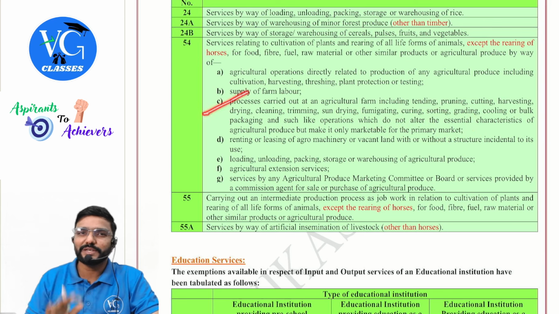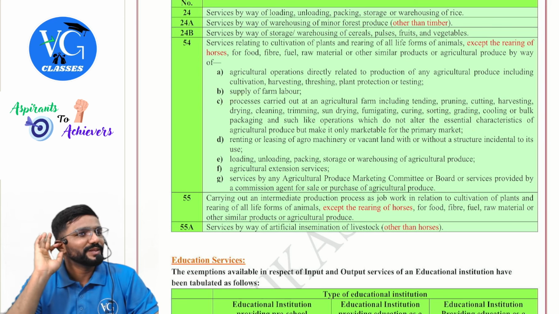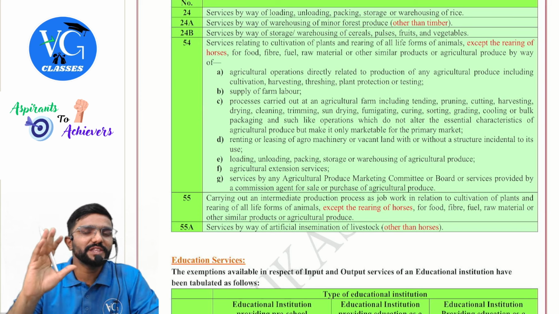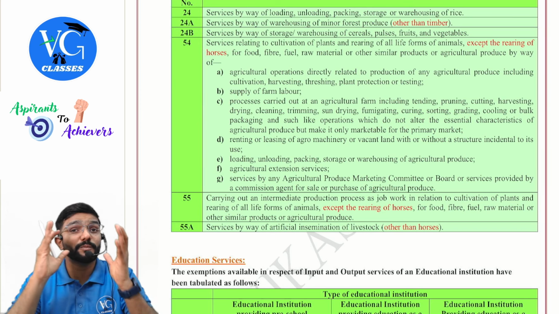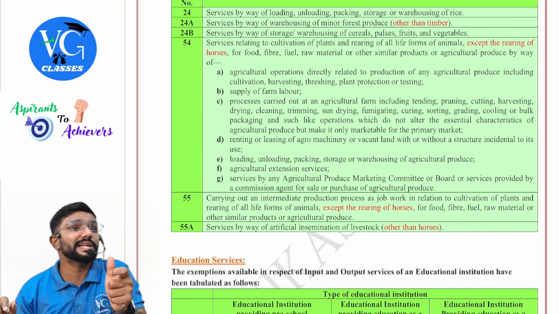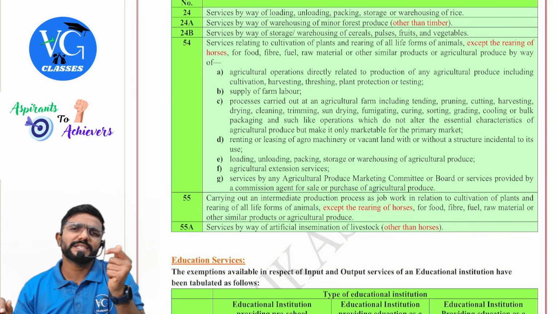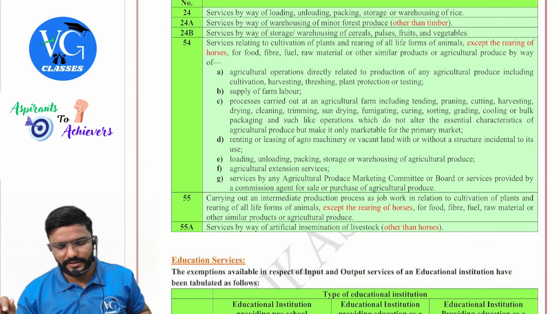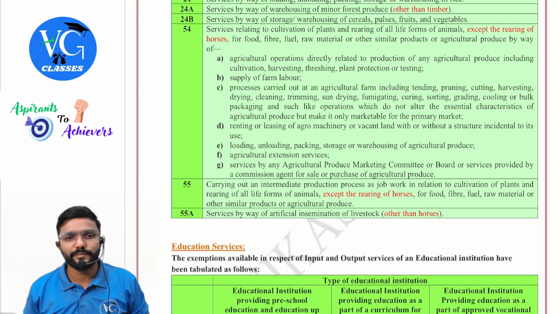Guys, this dialogue especially you can connect to income tax. There also I had told if you do anything which will make the agricultural produce ready for primary market, without altering it, it is a part of agricultural activities. Here also they are talking about the same.